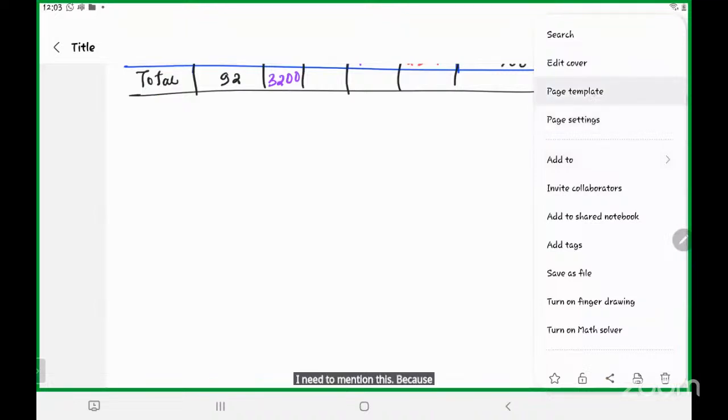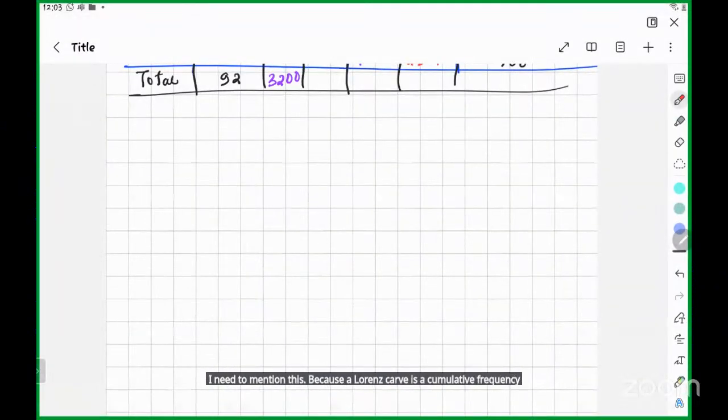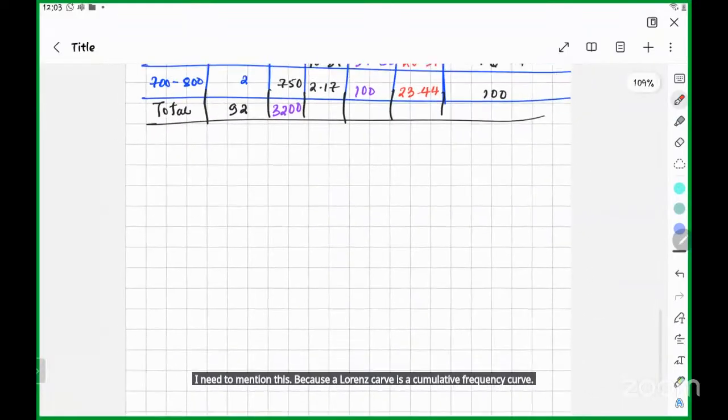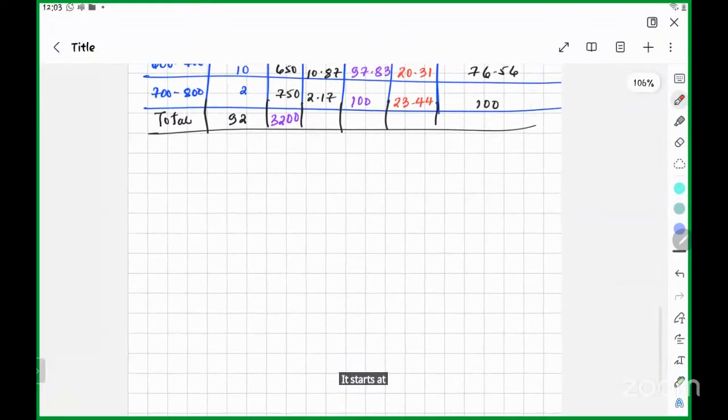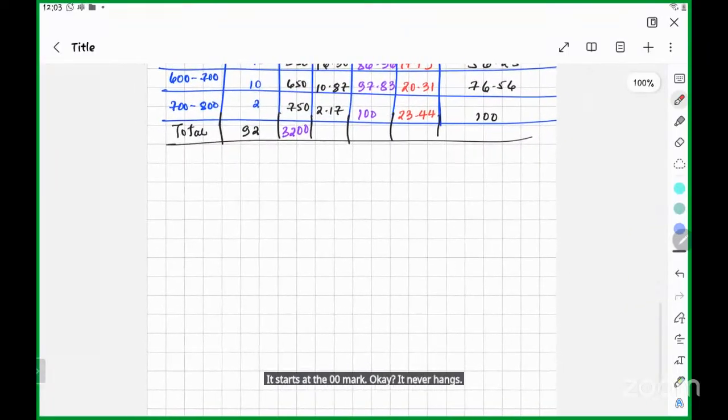Because a Lorentz curve is a cumulative frequency curve, it starts at the 0, 0 mark. Okay? It never hangs. It starts at 0, 0.